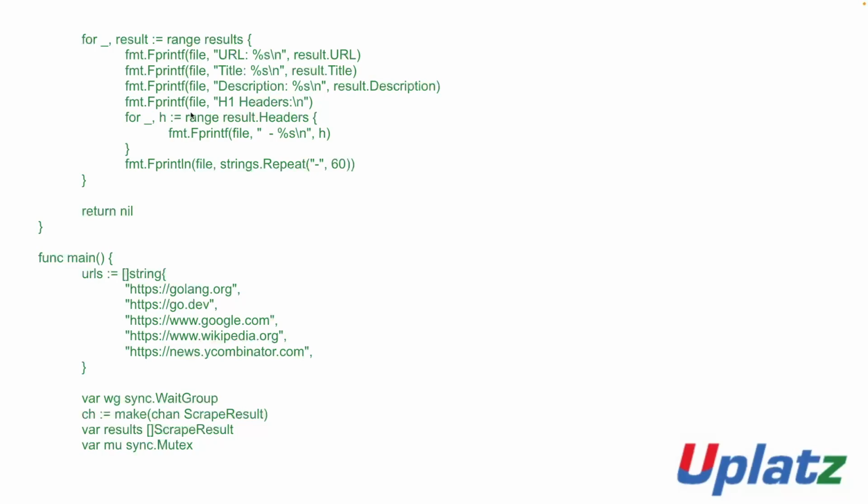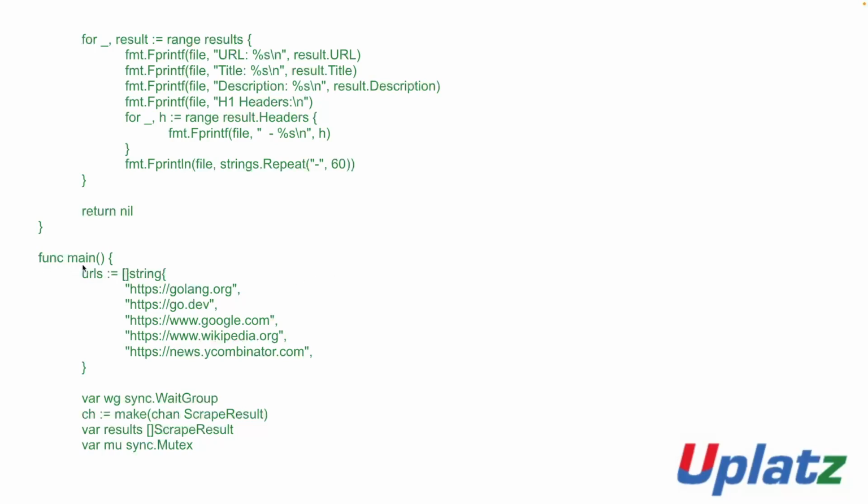And for the headers, we need to use another loop, range result.Headers, because this is a slice. Then file, hyphen, %s\n, h. Now Fprintln(file, strings.Repeat("-", 60)). How many times does it repeat? 60 times, so there will be dashes, up to 60 at the end of it. Then return nil.